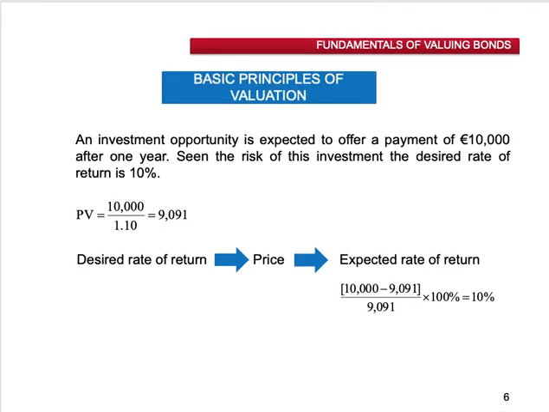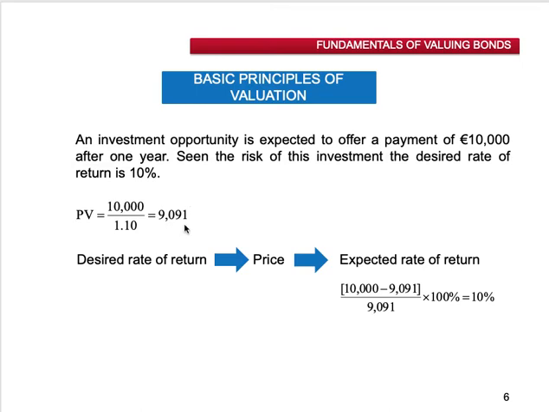So how does it work? For example, you own this bond, like this is yours. You have a bond which is valued at 9,091 today. But you're going to sell it to me, and I'm going to pay you this amount today. Why would I pay you this amount today?